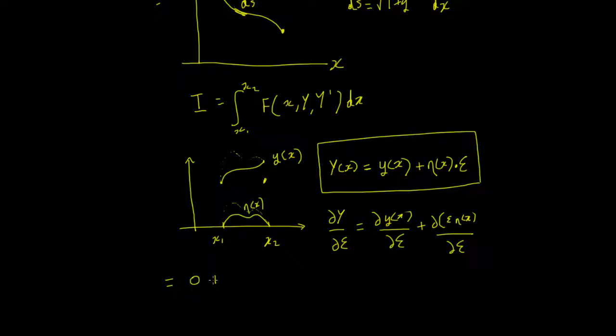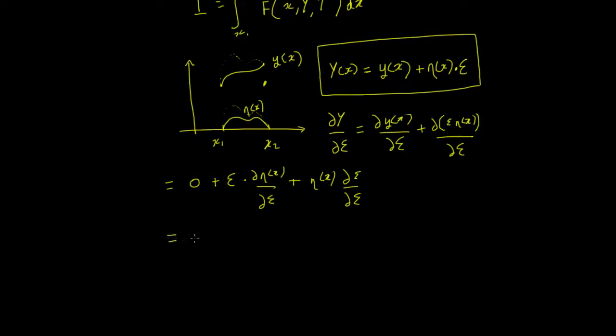Okay, plus, now this one here, we've got the product rule, so it would be epsilon times partial eta x by partial epsilon plus eta x times partial epsilon by partial epsilon.